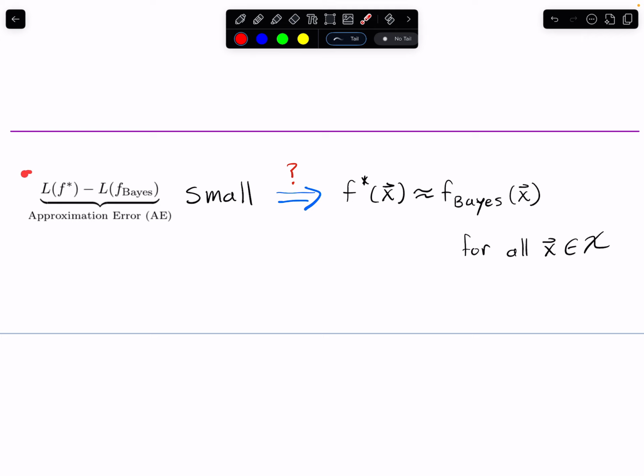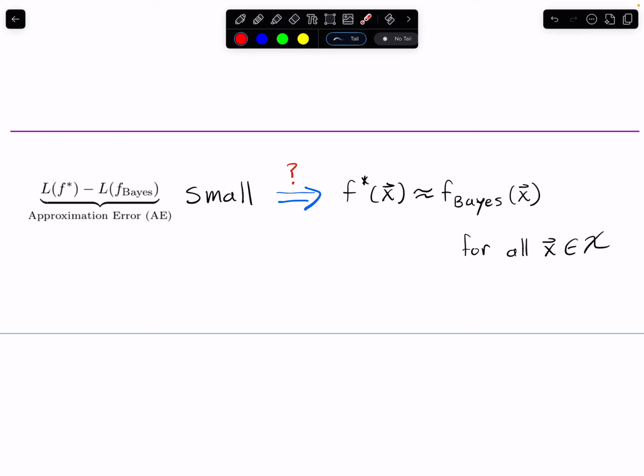So let's look at one of the errors. Approximation error is measuring how close f star is to f base, but not directly, but through this expected loss. So there's some function being applied, and it compares f star and f base through this function, the expected loss.